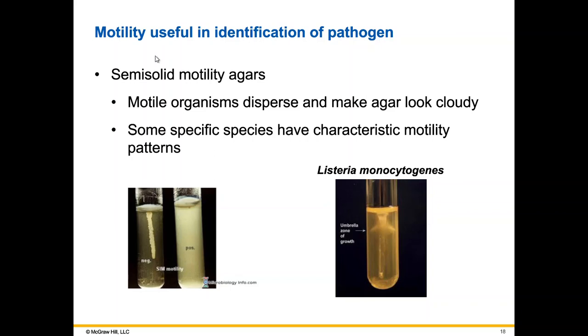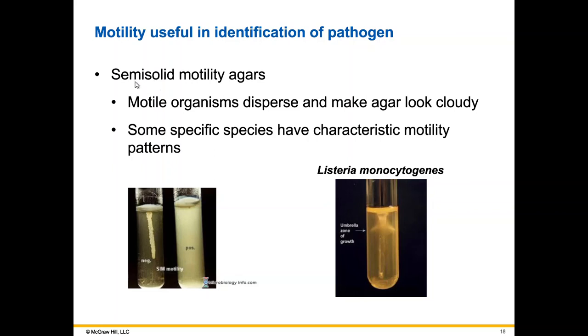There are lots of different ways that we can narrow down, by process of elimination, the identity of a microbe using various chemical reactivity identifiers, but one of them that we can do is motility, because not all bacteria are motile.